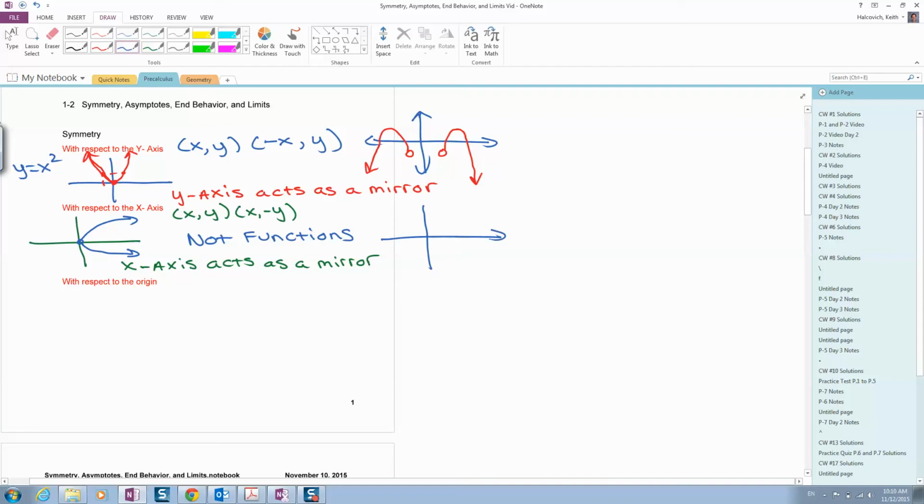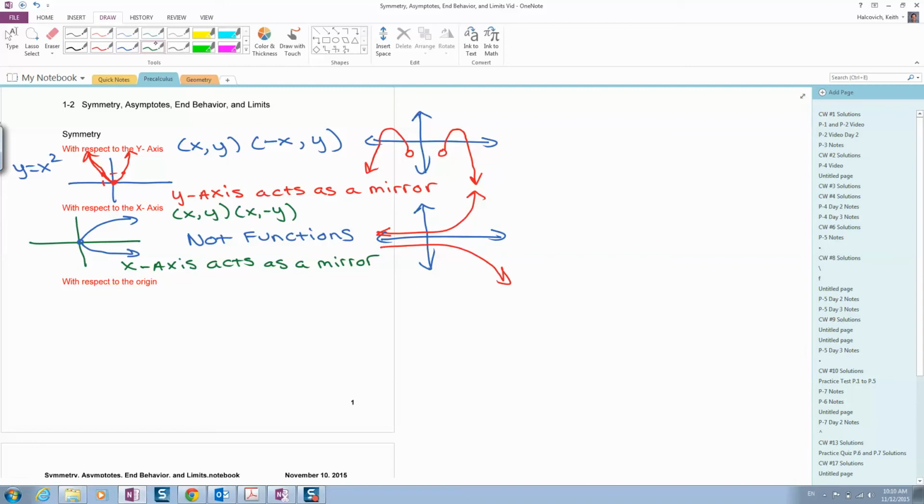So something else that would be symmetric to the x-axis would look something similar to this, something like that, where the x-axis acts like a mirror.